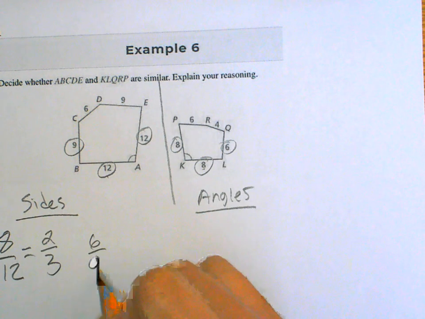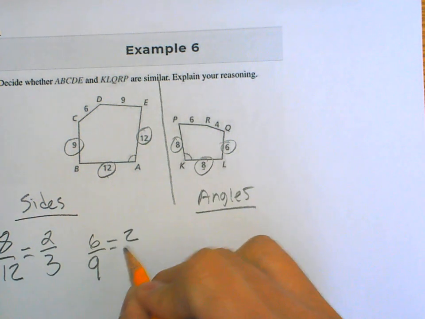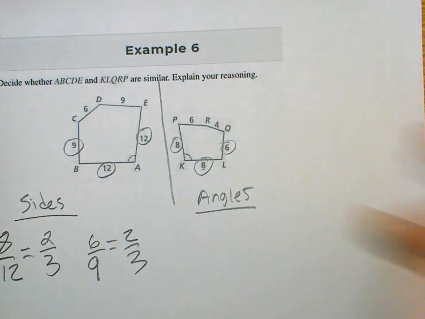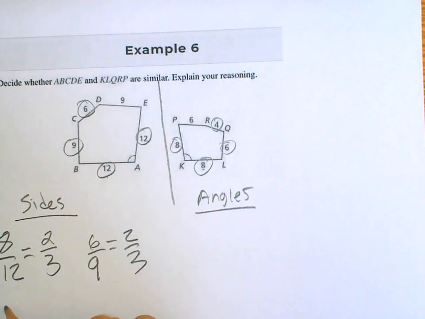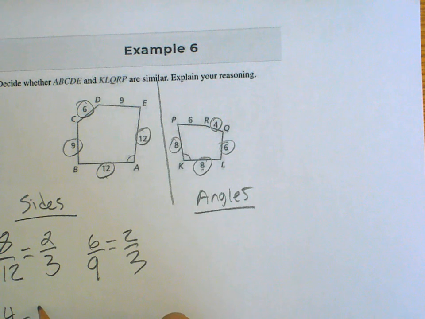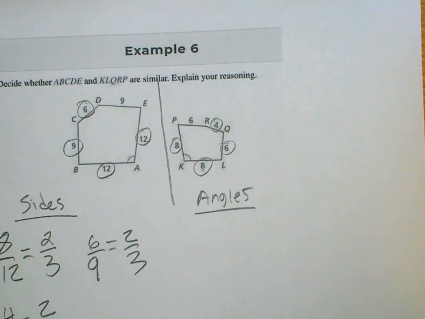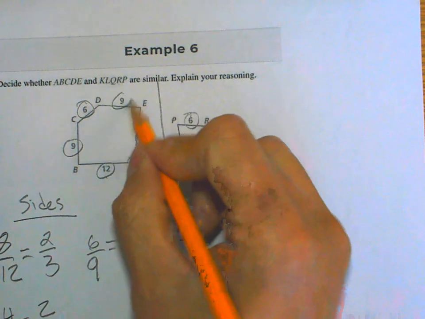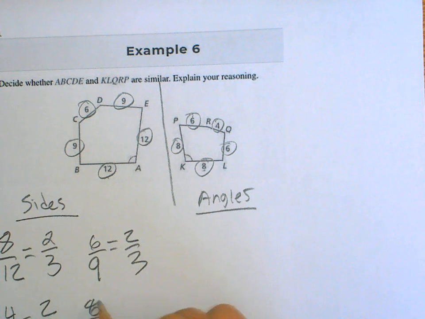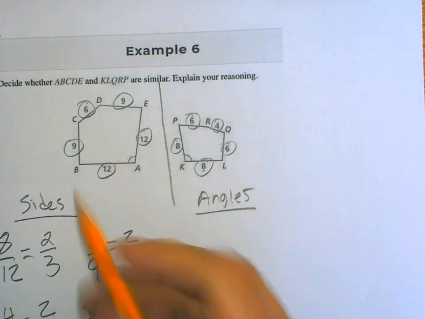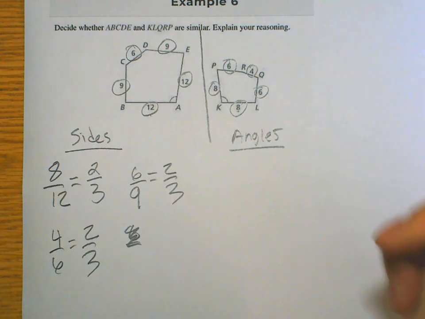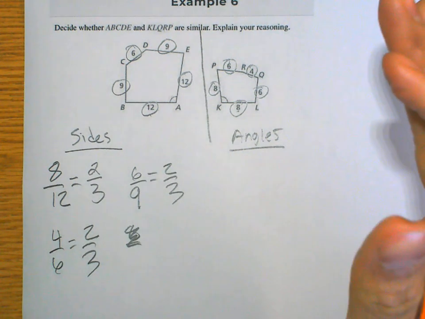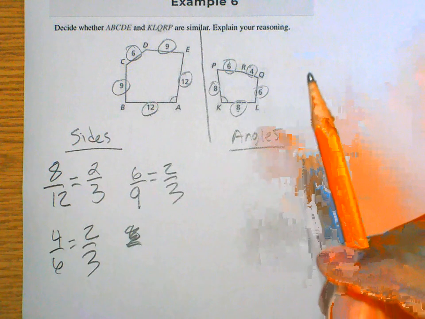So 6 to 9 reduces by 3 to give you 2/3. So that one's good. 4 to 6 reduces by 2 to give you 2/3. So that one's good. And 6 to 9, which we already know is the same. So all the sides have the same scale factor, but are the angles the same?